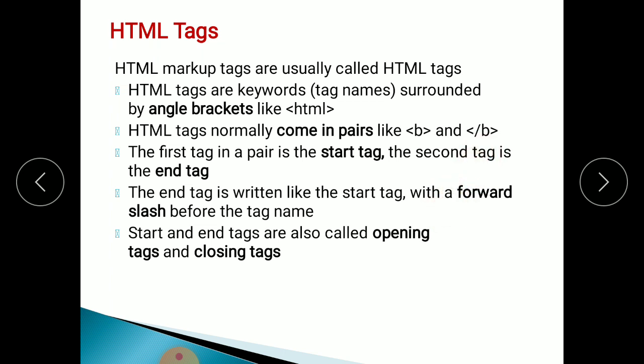The start and end tags are also called opening tags and closing tags. We can call them an opening tag and a closing tag. Using / we close the tag. We use pairs of tags in each HTML program.